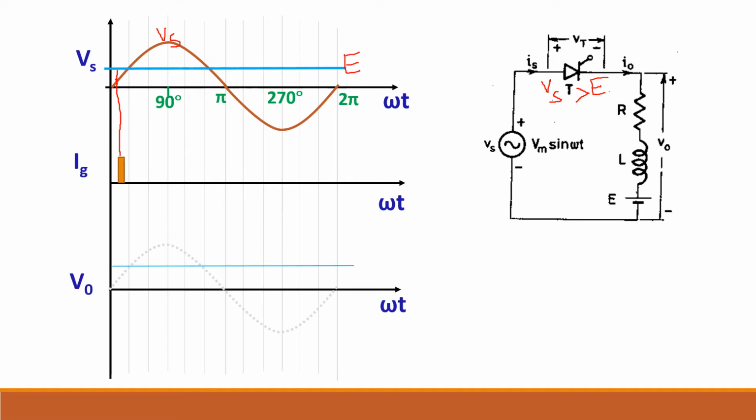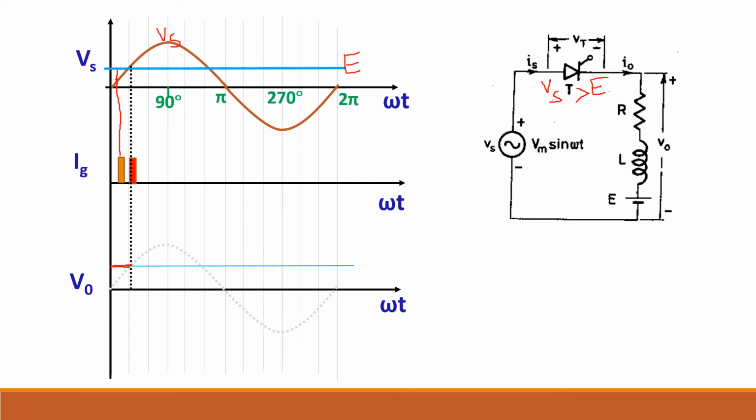So output voltage will not be there. Output voltage will be equal to E. This is not conducting, so output voltage will be equal to E. So I can get only E as output in this case.